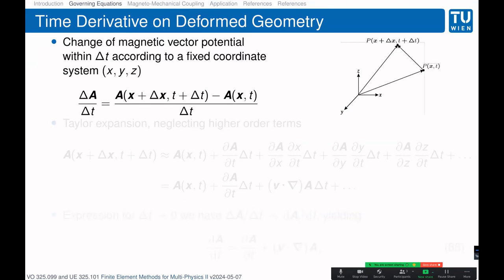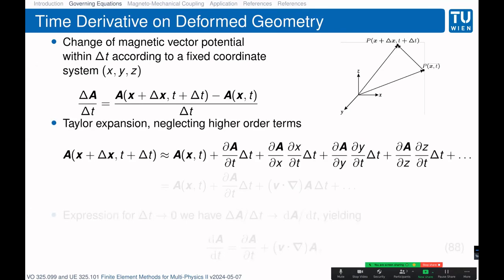Okay, so now we have this object moving through our domain. So of course we have to sort of take this motion into account. And one way to formulate the problem in an updated Lagrangian form is to derive this first. So this is done by writing out the differential quotient here with delta x and delta t's. So just expand this and then do a Taylor expansion.